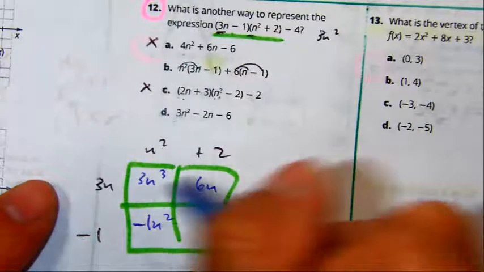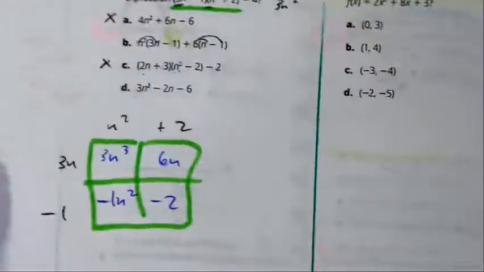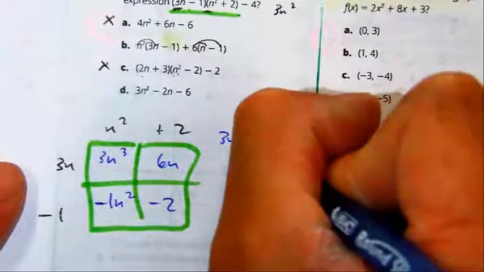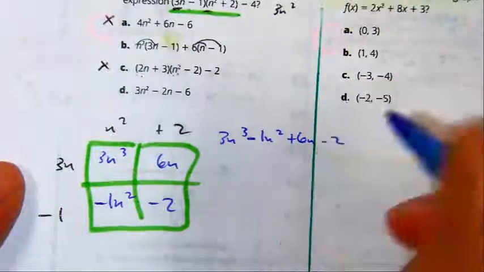And negative 1 times 2 is negative 2. This would give me an answer of 3n cubed minus 1n squared plus 6n minus 2.